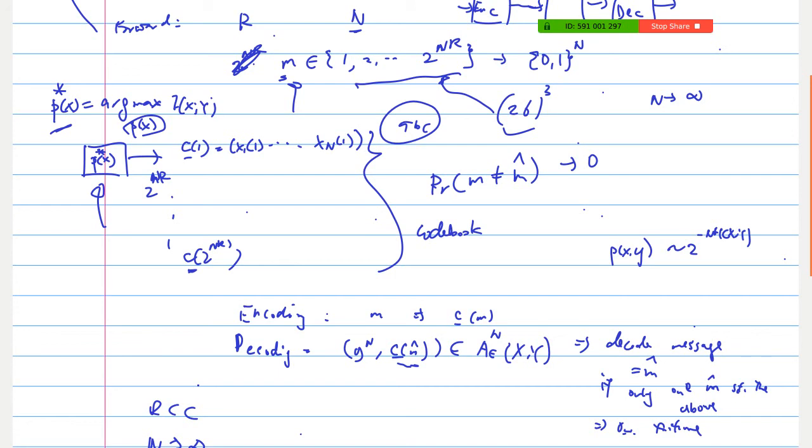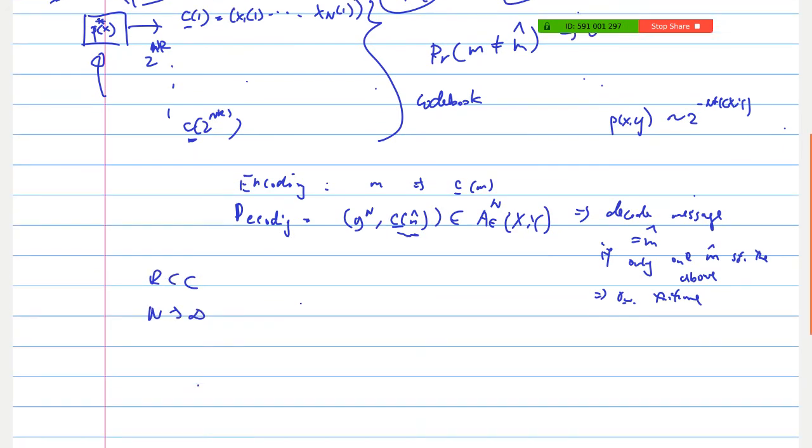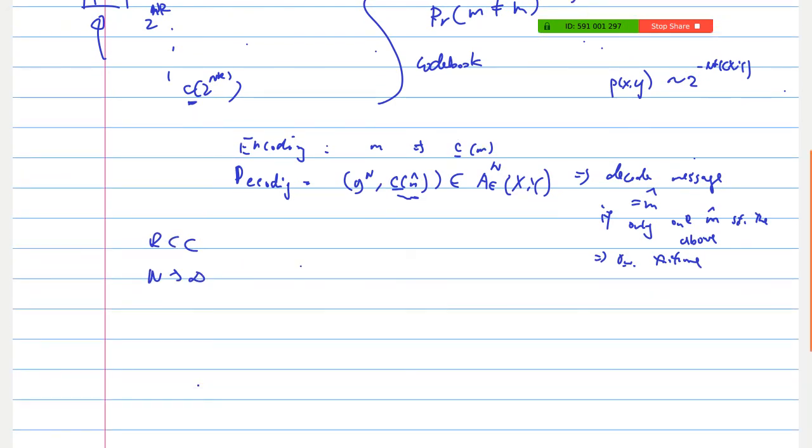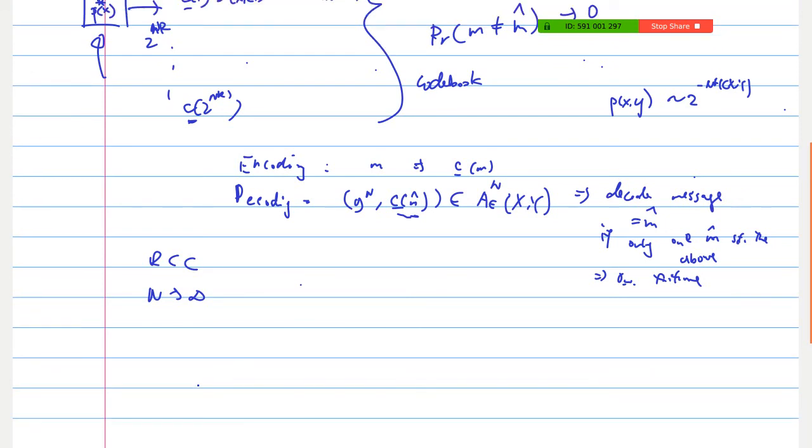Now if this setup is clear, then we can try to analyze the performance. As I already jumped ahead earlier, it turns out the error probability is actually pretty small. That's why this scheme is sufficient to show the forward part of the channel coding theorem.